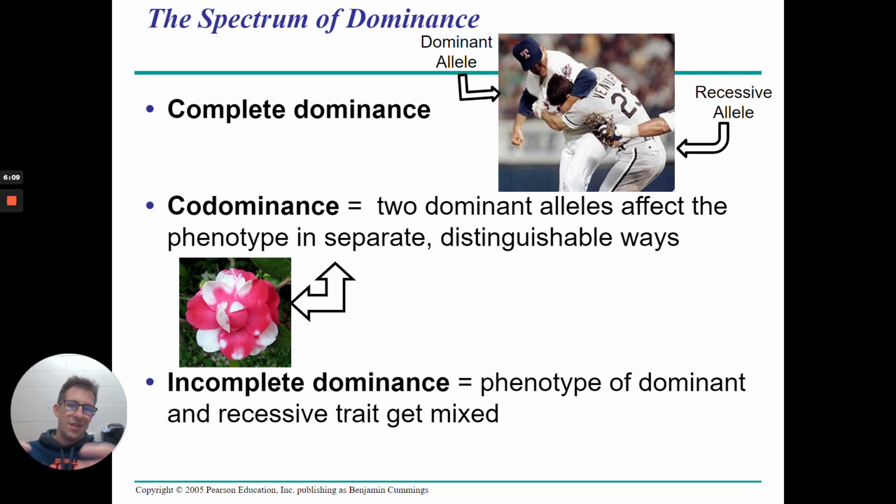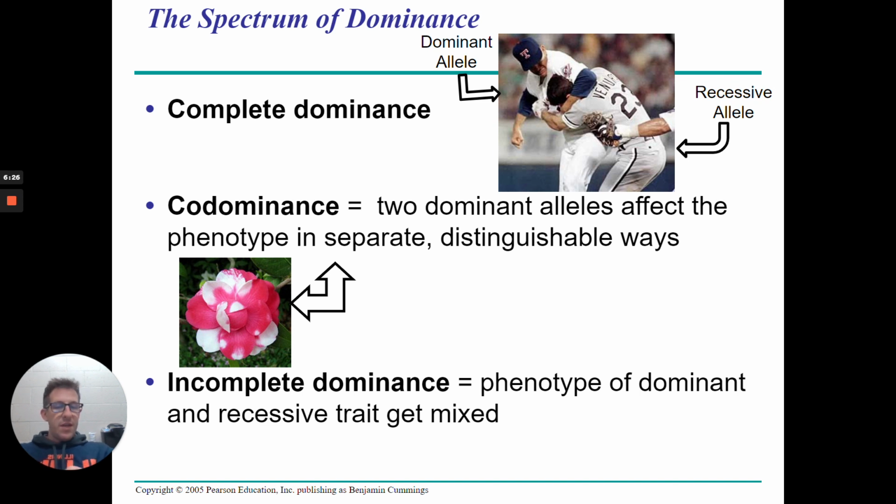They're kind of wishy-washy, like, maybe you can be dominant, and so they both are dominant at the exact same time. And so you can see both of those traits represented in the organism at the same time.